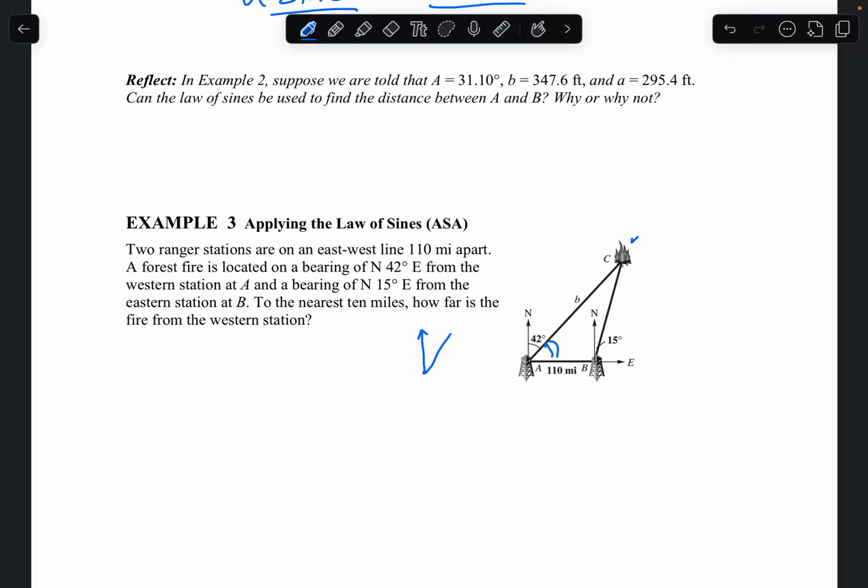Well, that's all well and good, but now we get into our triangles. So this first angle, remember, if you do a compass direction, it should be perpendicular between north and east. So that means we have to do 90 minus 42. That makes this 48 degrees. This would be 90, which makes this entire angle 105 degrees. Let me see if I can clean some of this up a little bit.